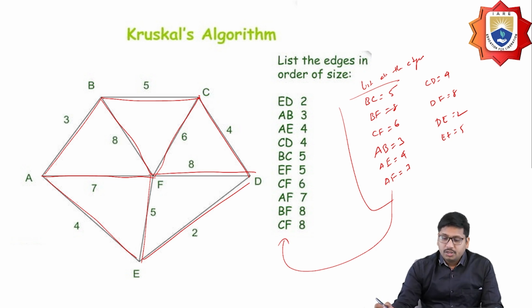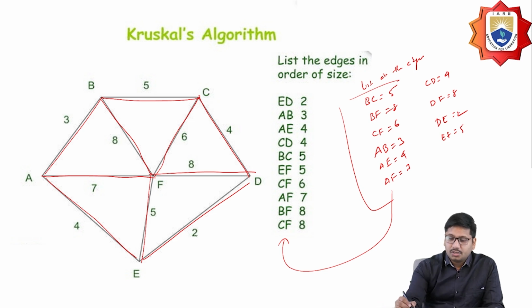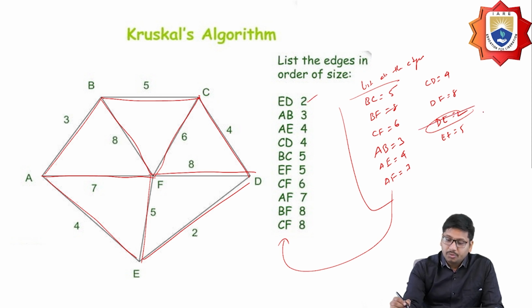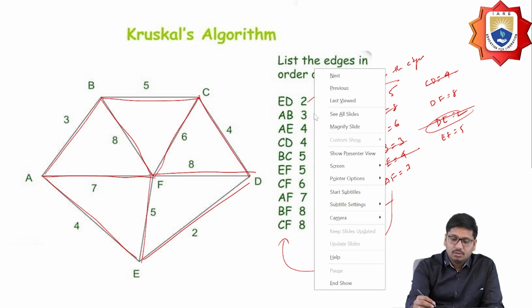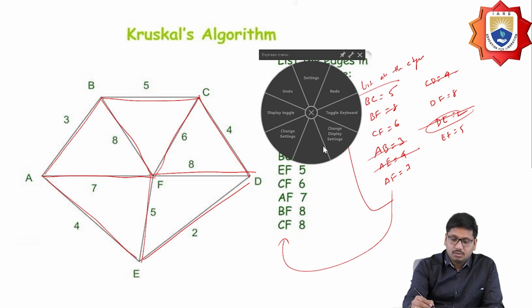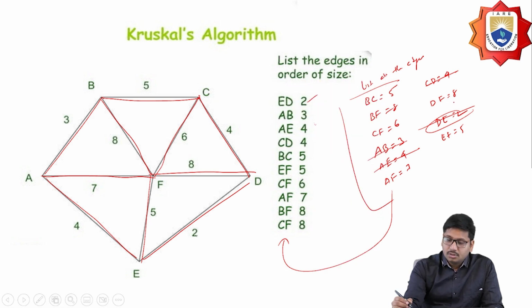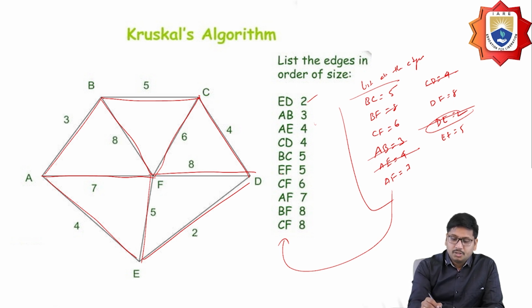So for that, what is the minimum one? ED or DE, that should be the first one. The next minimum is AB. The next minimum is AE and CD as well. EF is the next one.